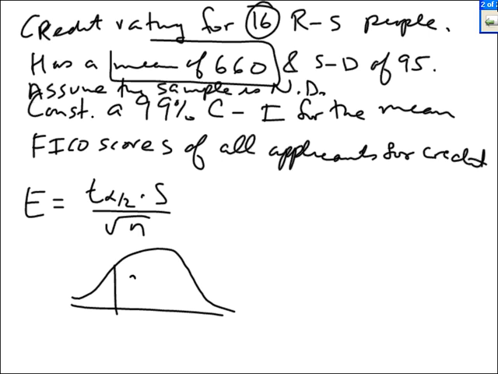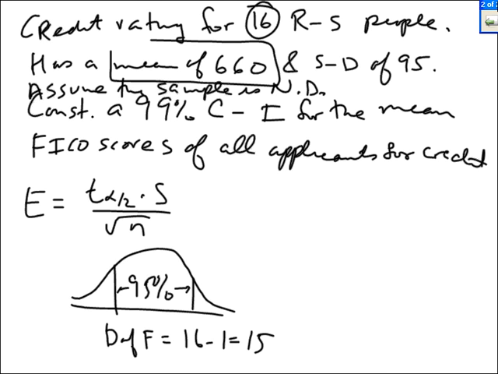So I want a 95% confidence interval. That is, there's 5% left over, so the two tails is 5%. N is 16, so the degrees of freedom is n minus 1, which is 15.